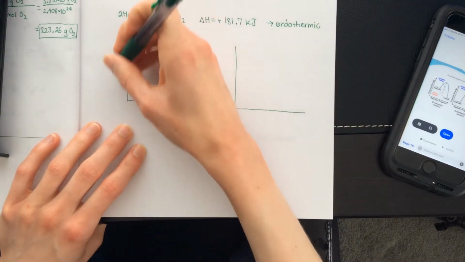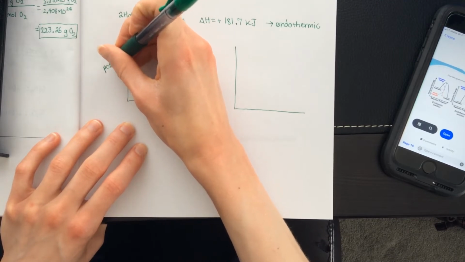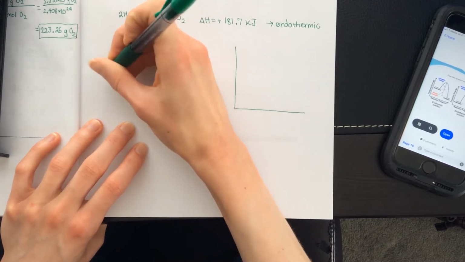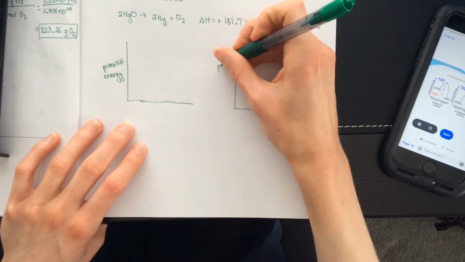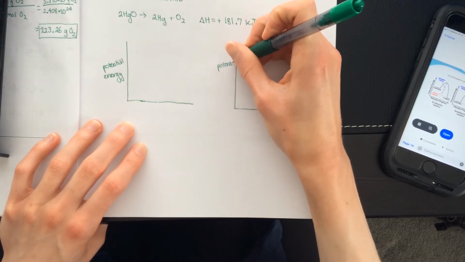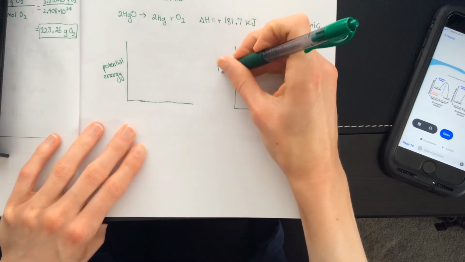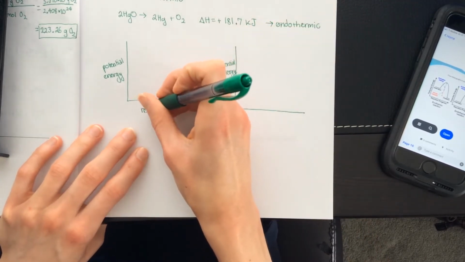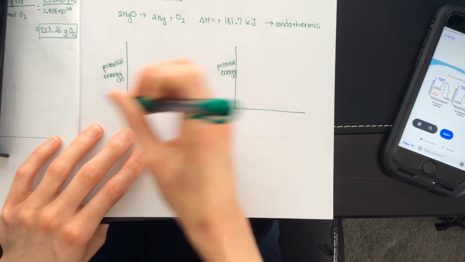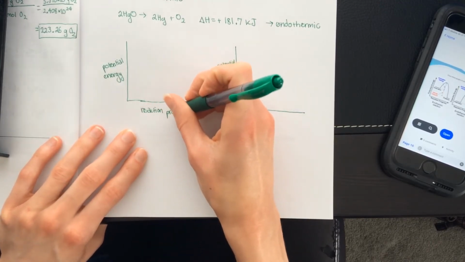Okay, and on the y-axis, we're going to label it potential energy on both of them. And the x-axis, we're going to give this kind of vague label of reaction progress. This is just kind of like time, the reaction going forward.